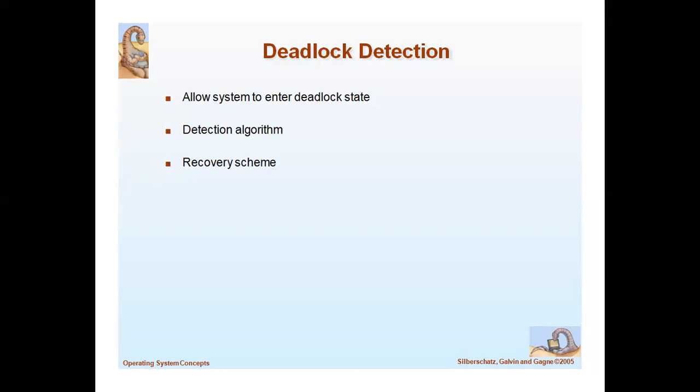Once the system enters into a deadlock situation, we apply the deadlock detection algorithm. After detecting the deadlock, we can use the recovery methods to recover from the deadlock situation. So that is the deadlock detection and recovery method.